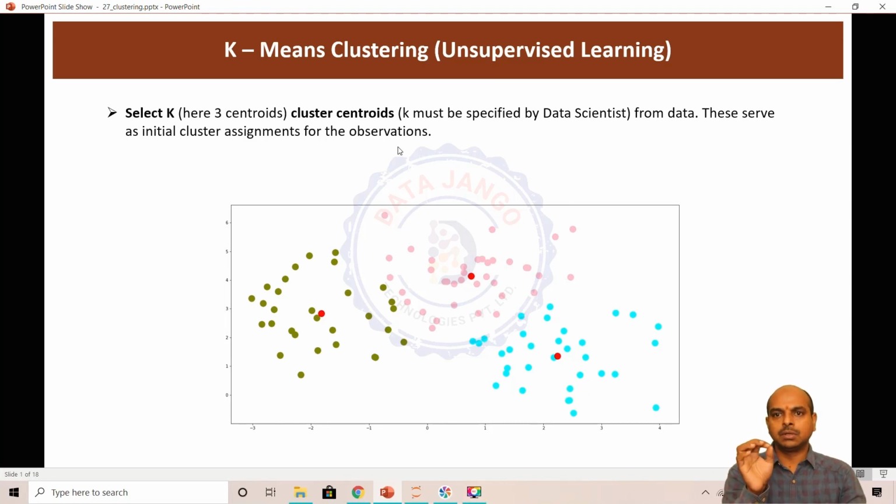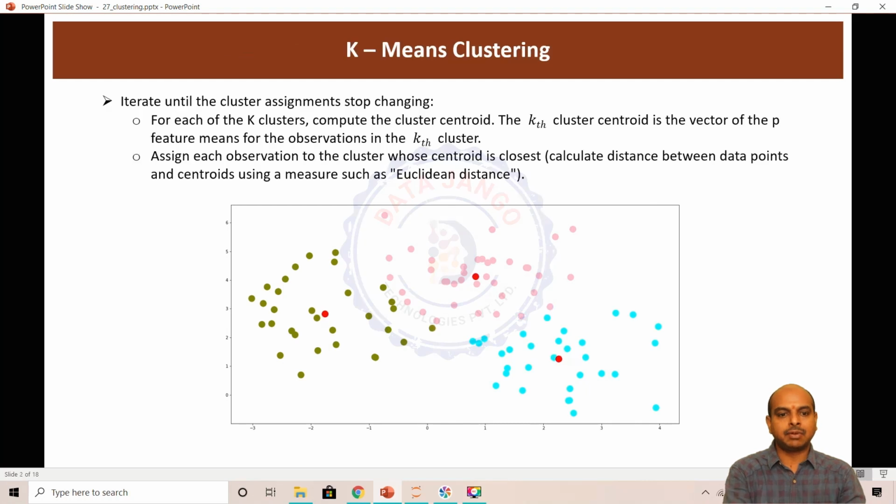Initially it's going to randomly choose 3 data points, and then for each of the k clusters compute the cluster centroid. That means it calculates the mean.